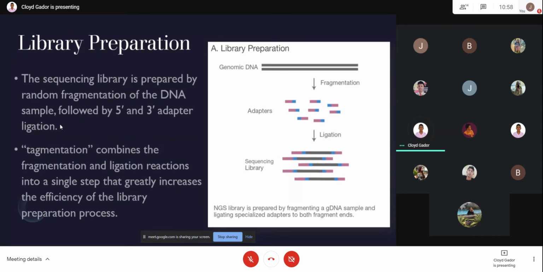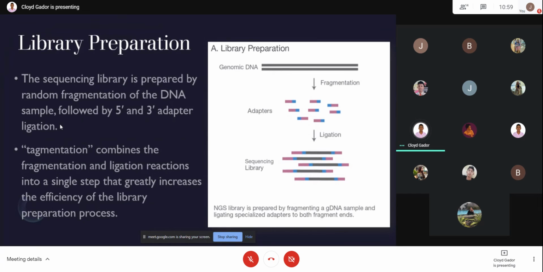So these are the steps. The Illumina NGS workflow includes four basic steps, for which I included some simpler diagrams. The first step would be library preparation.